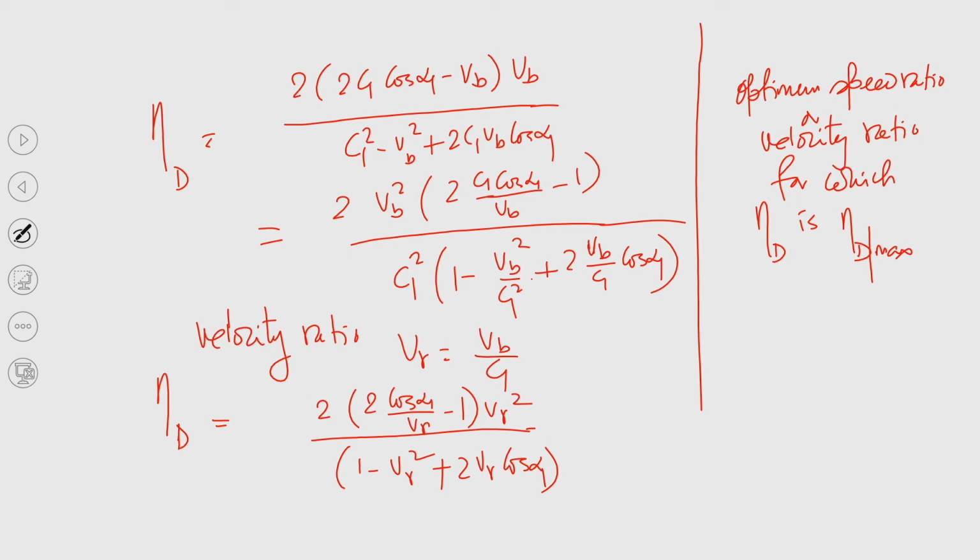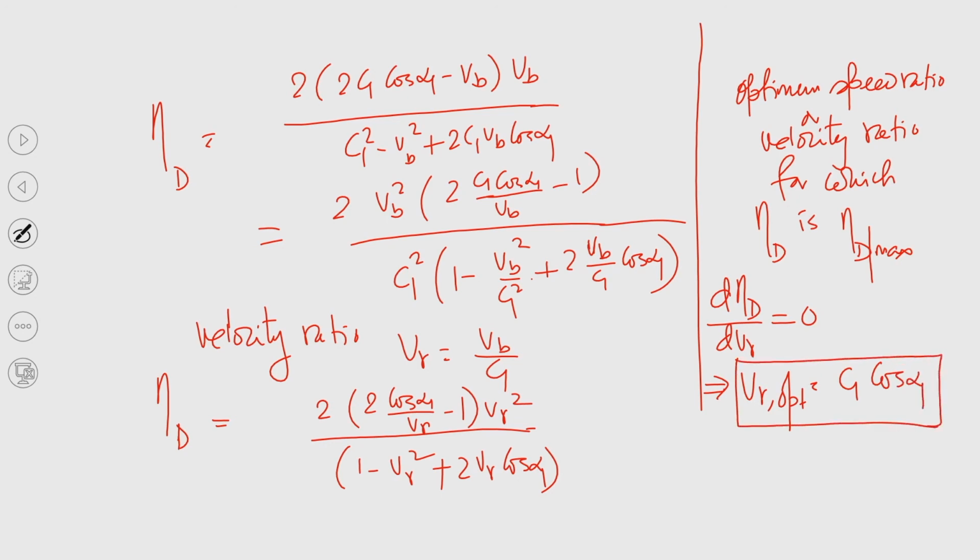We need to do d eta d by d Vr equal to 0 and we will be getting Vr optimum will be equal to C1 cos alpha 1. So, this is very important, I am underlining, and eta d maximum will be equal to twice cos square alpha 1 divided by 1 plus cos square alpha 1.